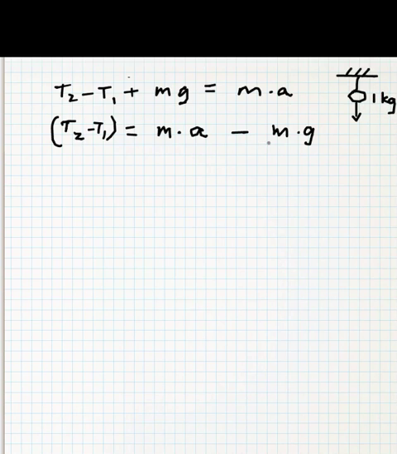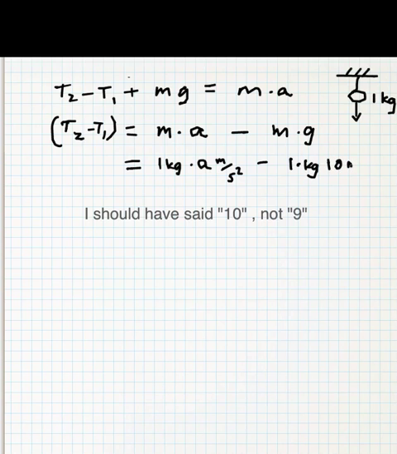So if we call that 1 kilogram, I can rewrite this as 1 kilogram times some value of acceleration, which is in meters per second squared, minus 1 kilogram times gravity, and we're just going to call that for now 9 meters per second squared, and we know it's really 9.8 meters per second squared. And we still have this variable T2 minus T1.